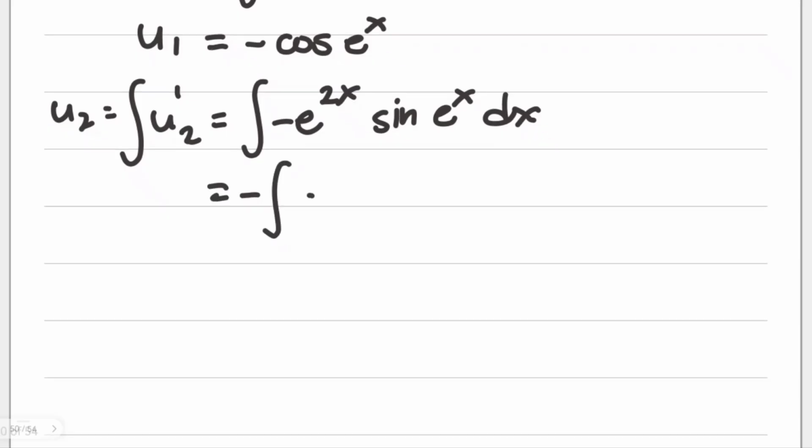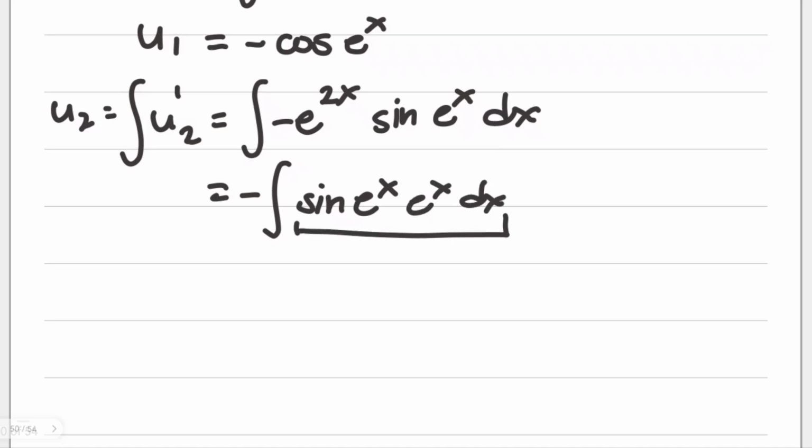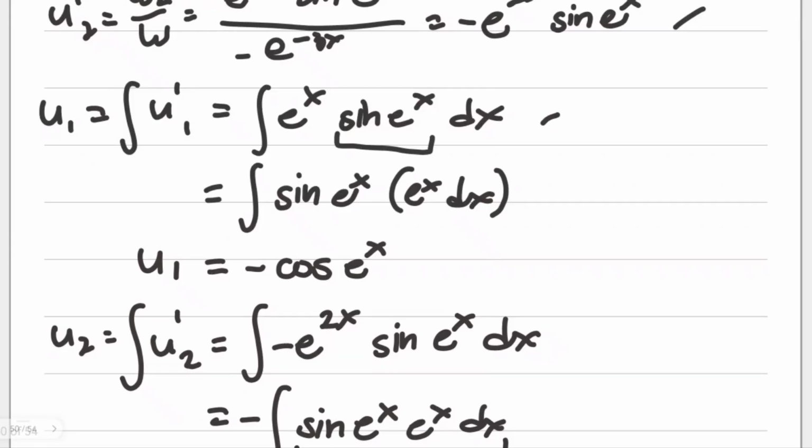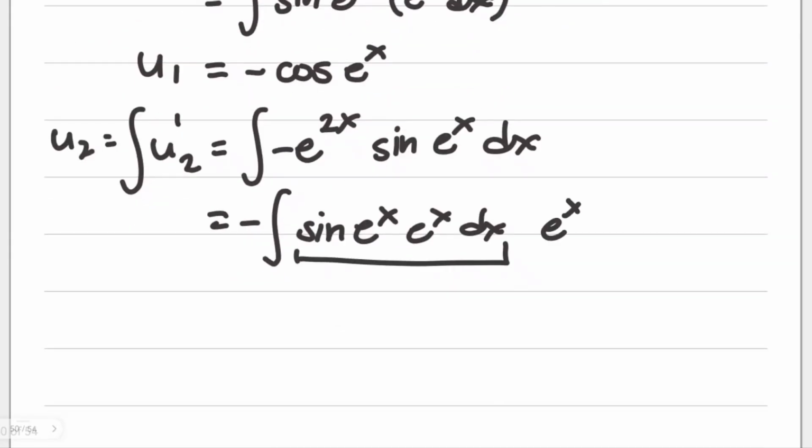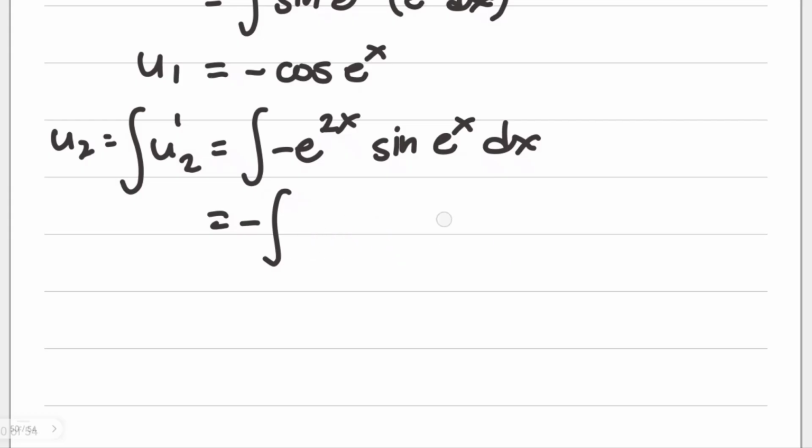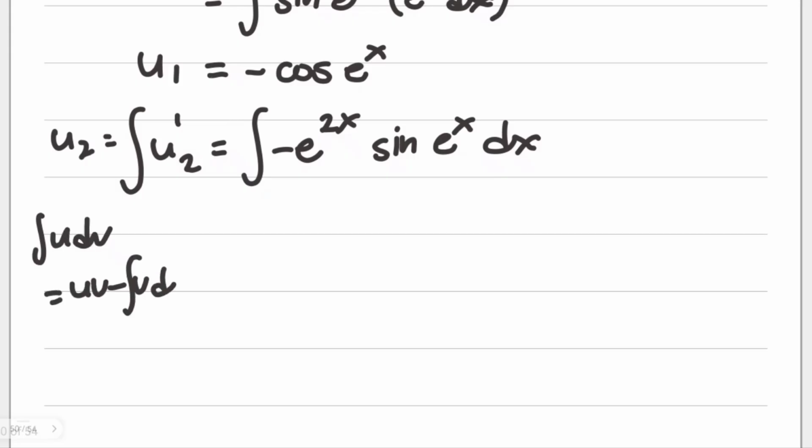You can have here sine e to the power of x, e to the power of x dx, just like what happened earlier, but you will have an additional e to the power of x here because this is twice x. So what I would like you to do here is, of course, integration by parts. Your integral of u dv is equal to uv minus the integral of v du.